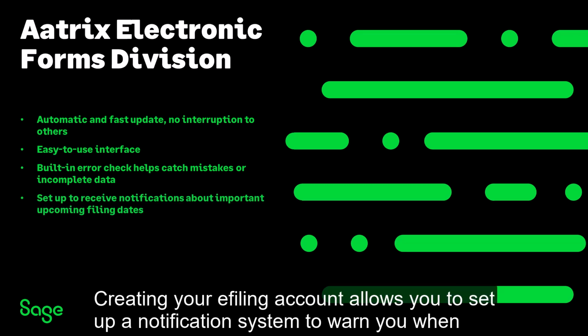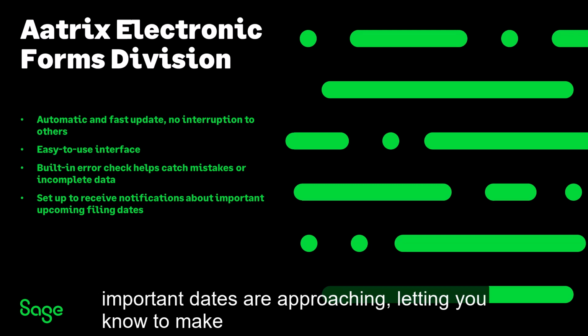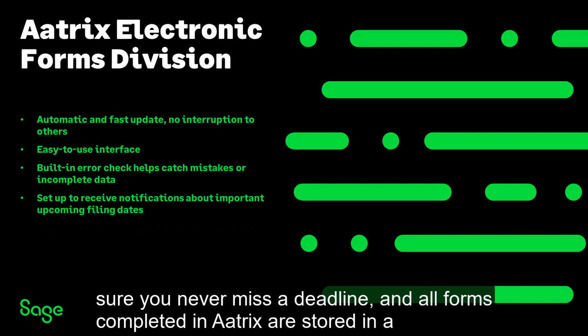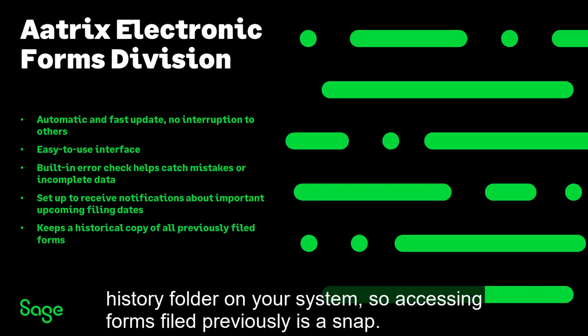Creating your e-filing account allows you to set up a notification system to warn you when important dates are approaching, letting you know to make tax payments or file tax returns, making sure you never miss a deadline. All forms completed in Atrix are stored in a history folder on your system, so accessing forms filed previously is a snap.